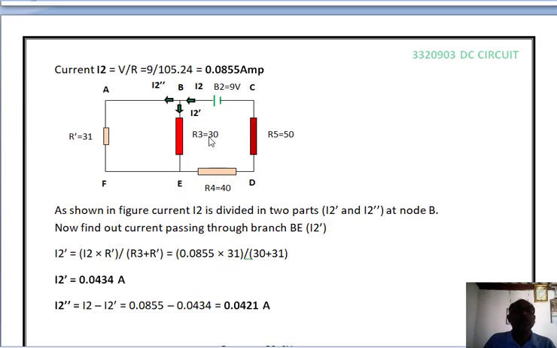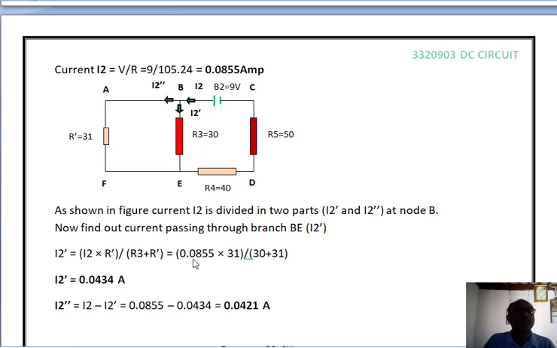Now to find the current passing through this R3 resistance, as I already told you, put a hand on this 30 ohm resistance and write the remaining value of resistance, that is 31. That is the current dividing rule. So I2 dash is equal to I2 into R dash divided by R3 plus R dash.